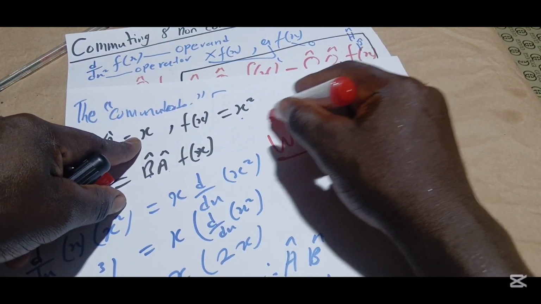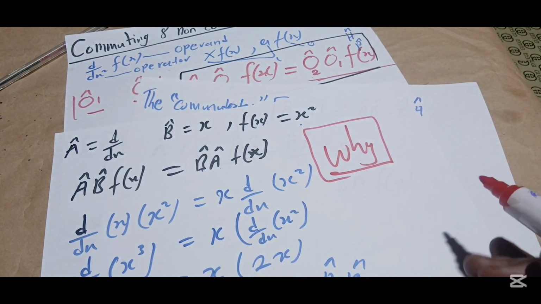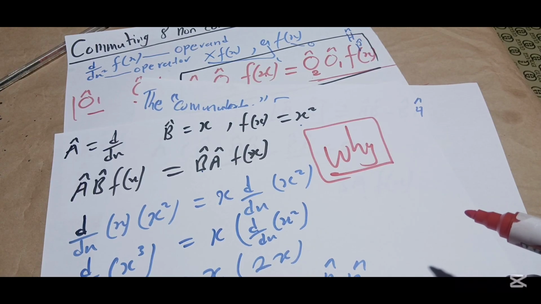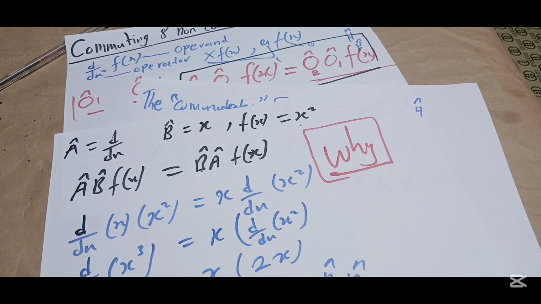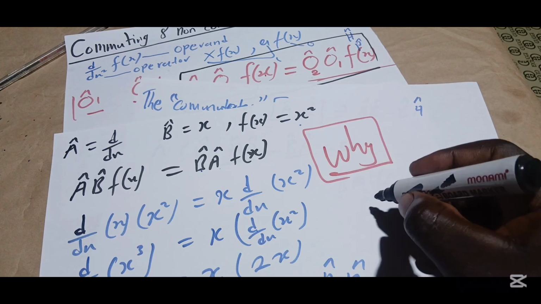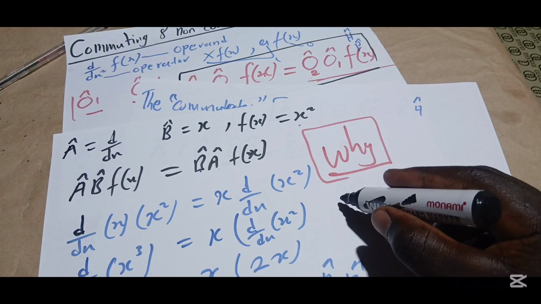Why do we need to know commuting and non-commuting operators? Well, every measurement that you make on a quantum system can be represented by operators. That is the first thing you should know. And sometimes you might want to make two different measurements simultaneously.